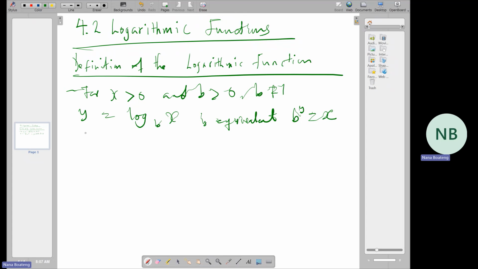So this is the logarithmic form, and this is the equivalent exponential form.